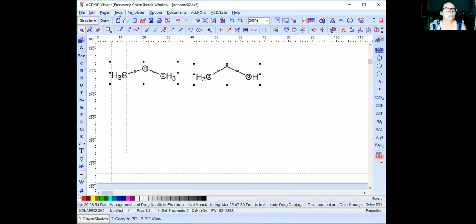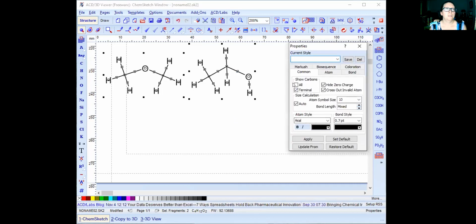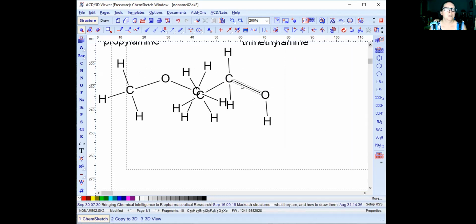Select the molecules. Let's show all the hydrogens. Let's show all the carbons. Let's make all the atoms the same size, and the bonds all the same size. Okay. Let's move this one over.